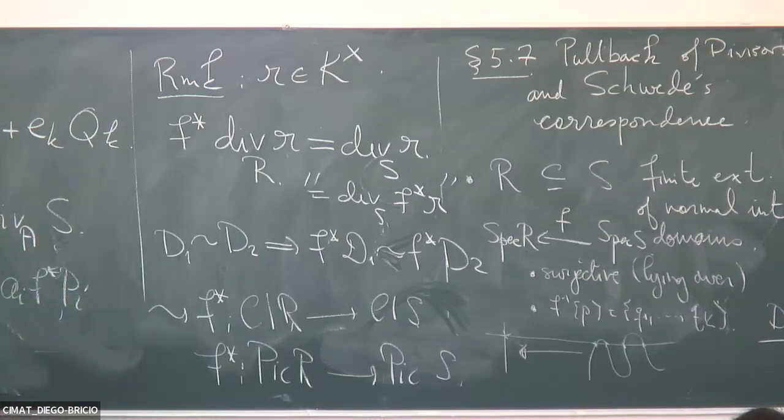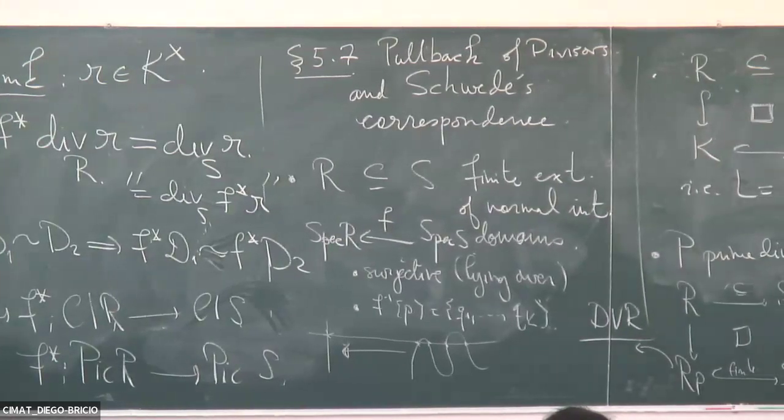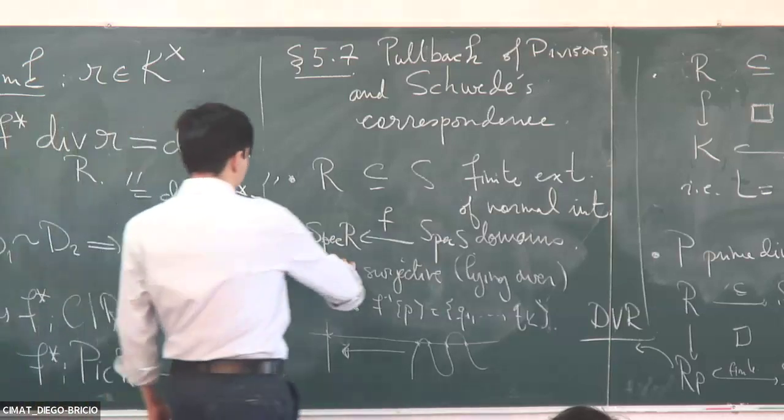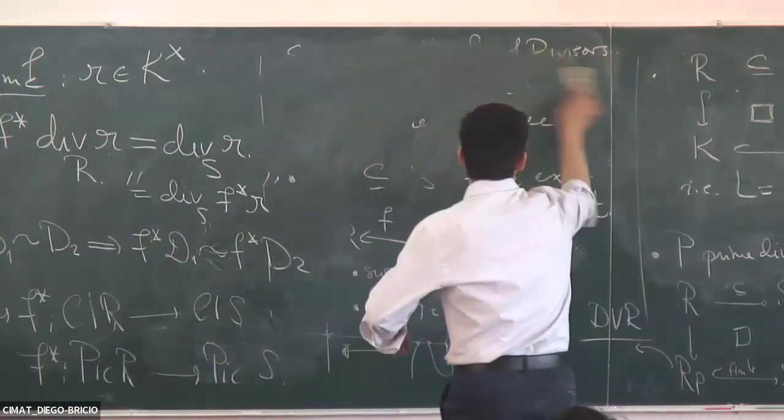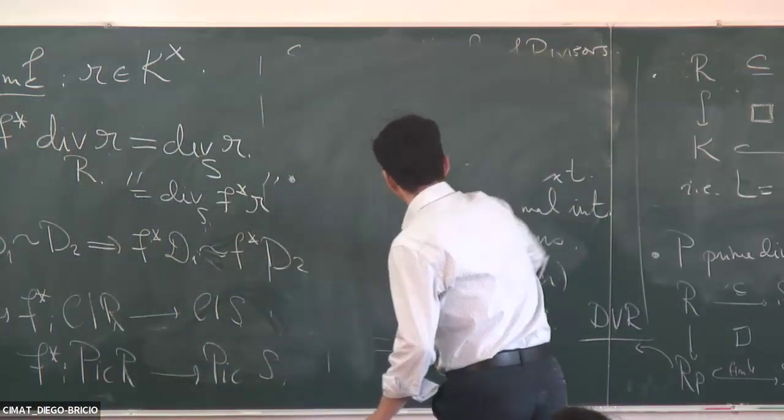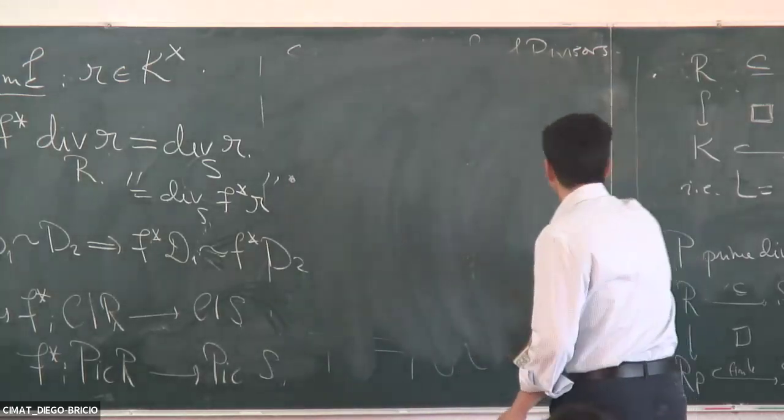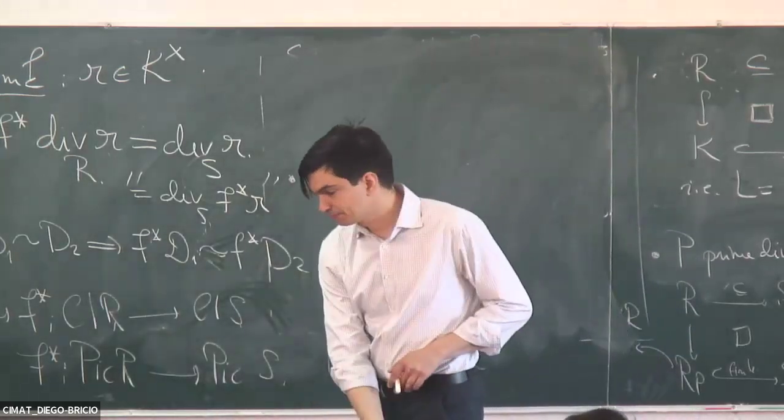I said that, of course, we want to apply all this to Frobenius. What do you think is the pullback under Frobenius? It's another exercise for you, but let's try to guess.